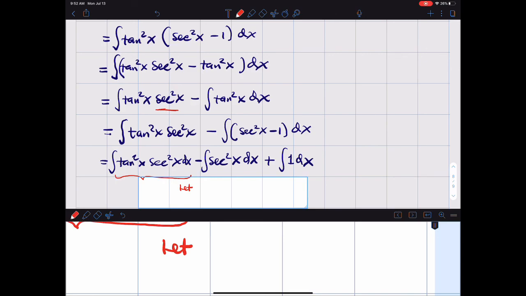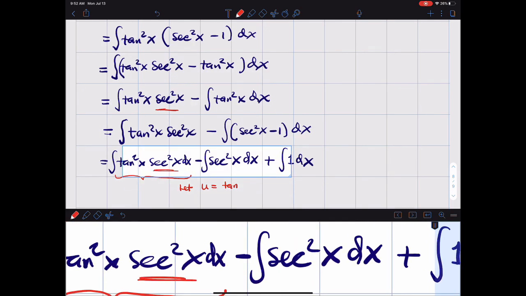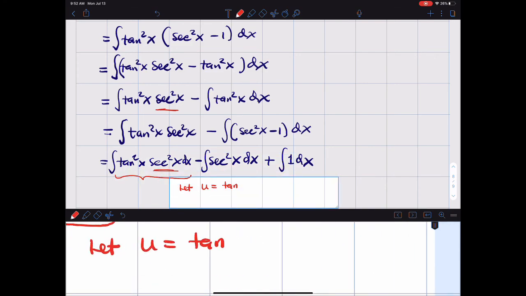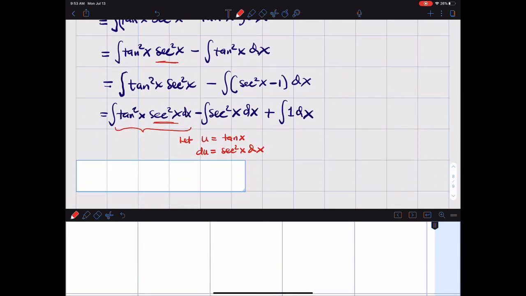I'm going to say let u be equal to tangent of x, because we factored out a secant squared. You can factor out a secant squared of x, and everything else is automatically in terms of tangent of x. So du is equal to secant squared x dx. You see that?